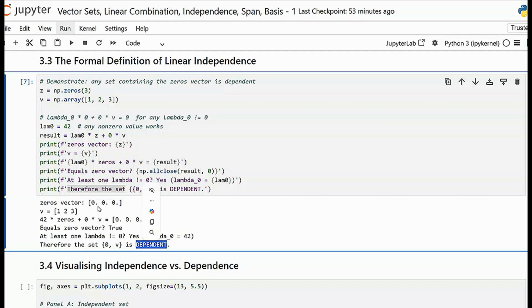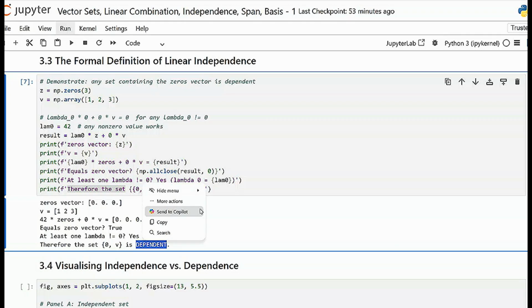This is very important for data science interpretation, because if a data set contains a column of all zeros, then it is linearly dependent. It reduces the matrix rank. It can break algorithms like ordinary least squares or matrix inversion. So think of independence as each vector must add something new, and the zero vector adds nothing. So it immediately violates independence.